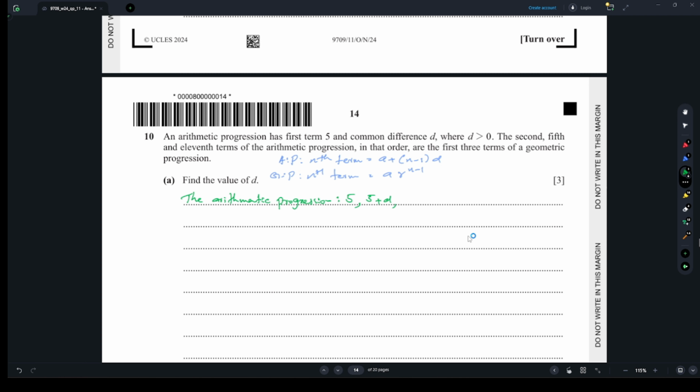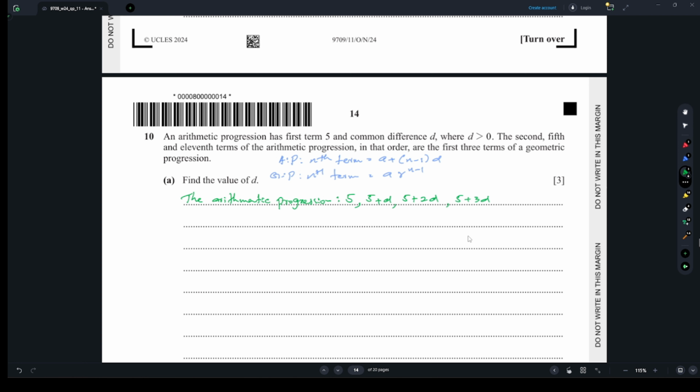The third term is 5 plus (3 minus 1), so 5 plus 2d, and then the fourth term is 5 plus 3d, and so on.